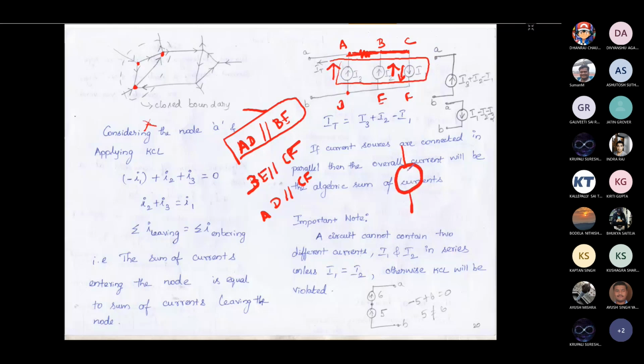If you represent it in the upward direction, then it is I3 plus I2 minus I1, because the I1 current direction is downward, whereas the other two currents are upward. In case you represent the current direction in the downward side, then you can write I1 minus I3 minus I2.